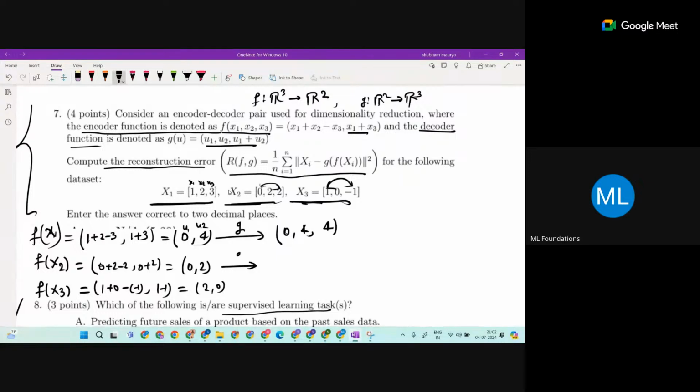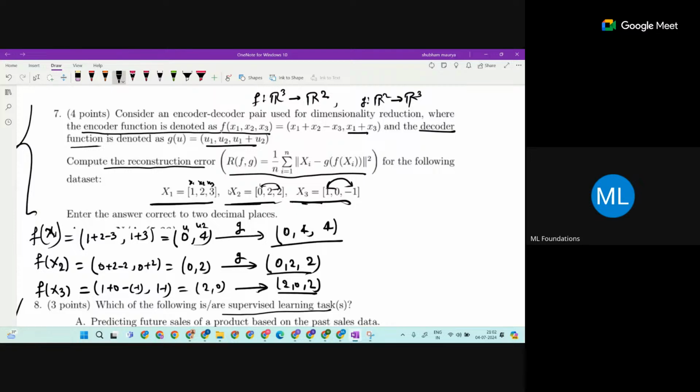And here if you try to decode this, 0, 2, if you add, 2 we will get. And here we'll try to decode this 2, 0, and U1 plus U2, which is 0, 2 plus 0, 2 we got. So now again we are back in 3 dimension.